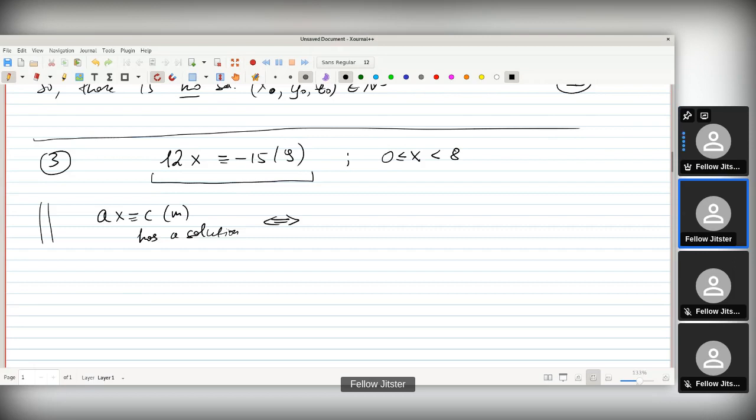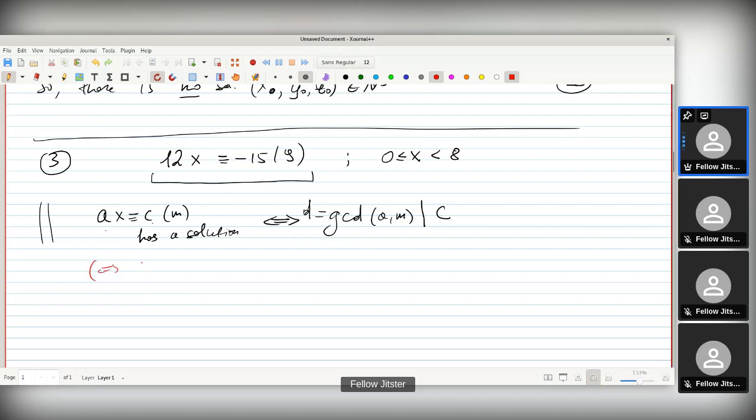If they are, it has a solution, but there are other cases. When their greatest common divisor divides C? When the greatest common divisor, let's call it D, of A and M divides C. Yes, that's it. Why is it so? It is not hard to understand.